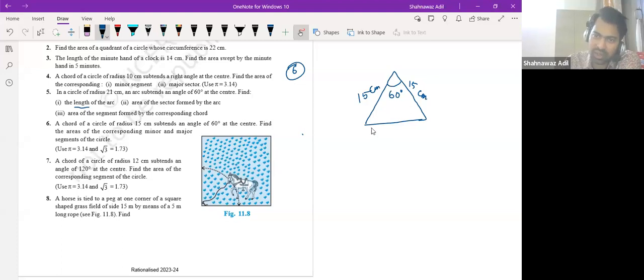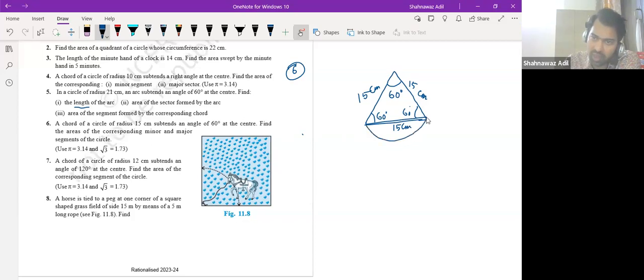Again, isosceles triangle. So this would be x, x. And if we use the property of the triangle, then this would be the equilateral triangle. So this chord length is 15 centimeters, right? Find the area of the corresponding minor and major segments of this circle.